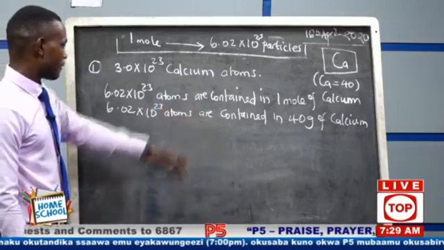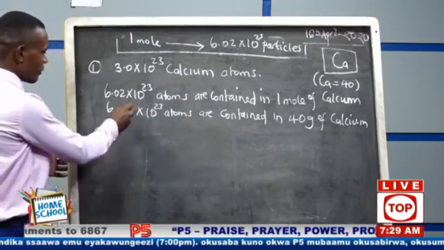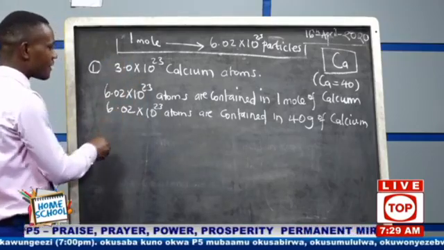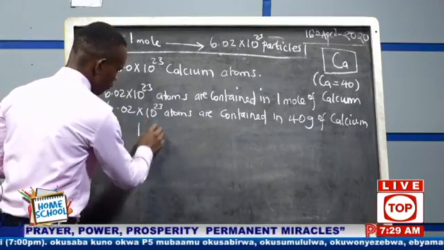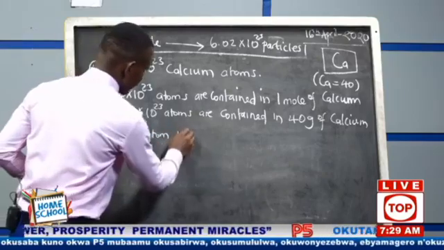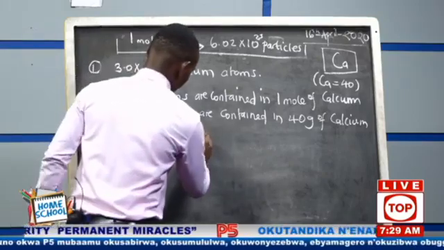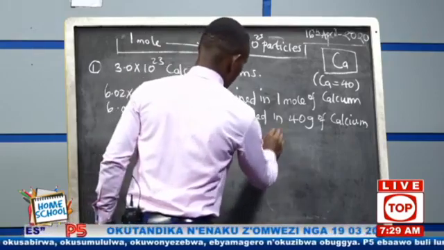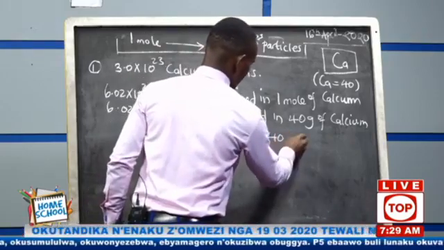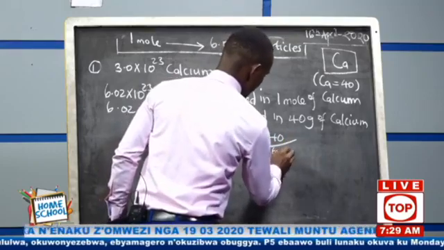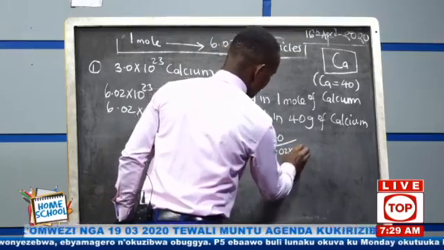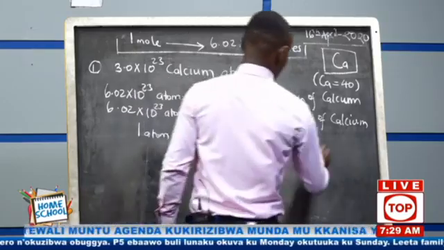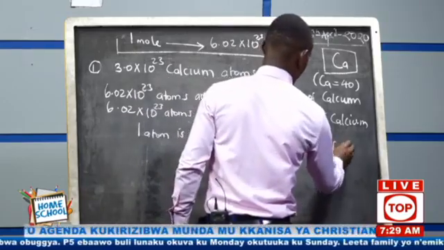So that is it. Then we said once you have this figure, what should go into your mind first is getting 1 atom, which is contained in 40 divided by 6.02 times 10 power 23 grams of calcium.